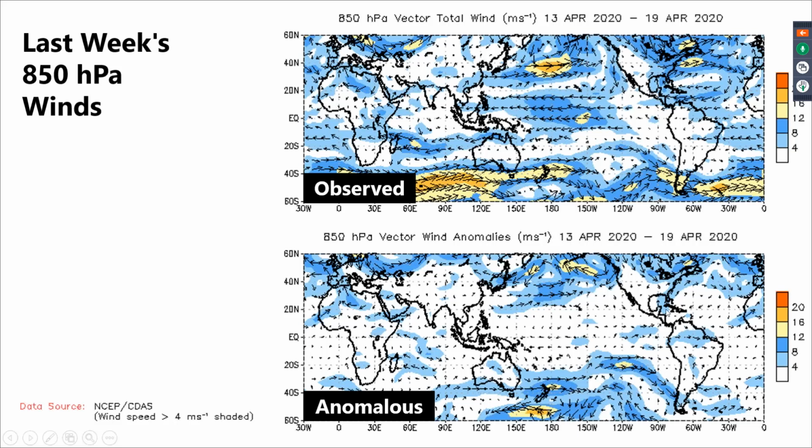And then in the Caribbean, the winds have been slightly above average for the Eastern Caribbean, but then you can see these enhanced westerlies in the coast of Central America, which have been sufficient to trigger some convection in Costa Rica and also in Guatemala, El Salvador, and southern Mexico. So most of this convection hasn't been too significant in terms of rainfall amounts, but these westerlies have been sufficient to do that.